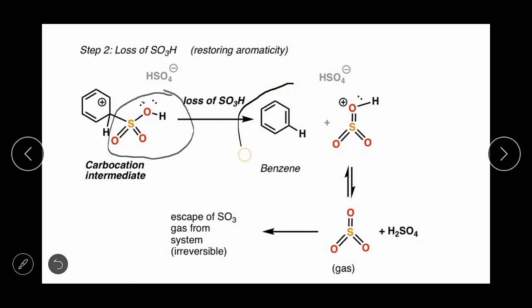so guys, after formation of this benzene, you can see this sulfonic acid gets separated over here, right? Now this oxygen gets destabilized. So what will it do?